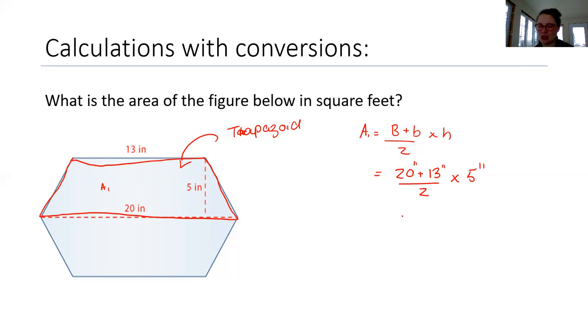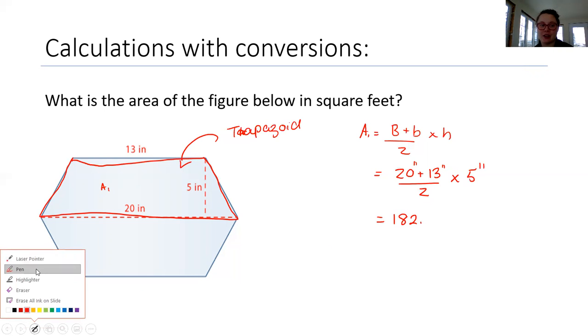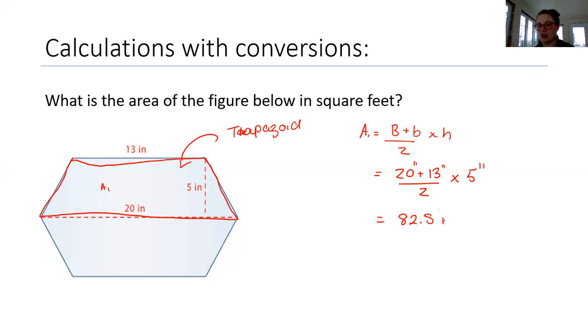If you put that into your calculator, it's 82.5 inches squared. So the total area is going to be double that. So 2 times 82.5, which gives us 165 inches squared.